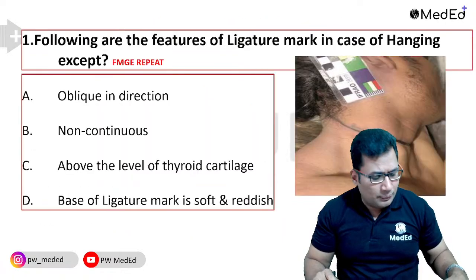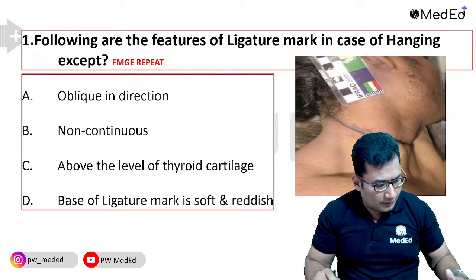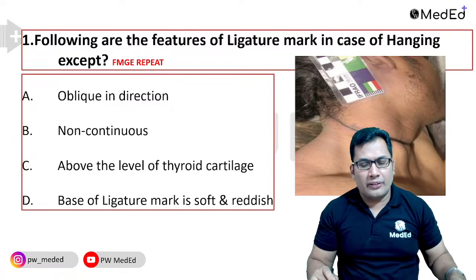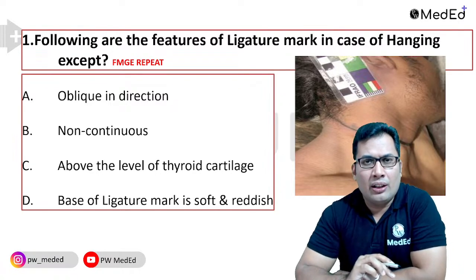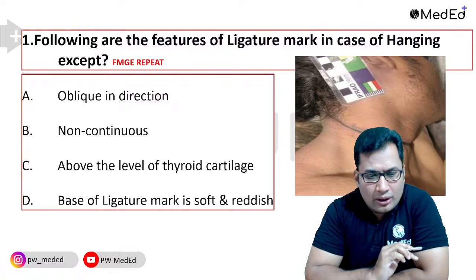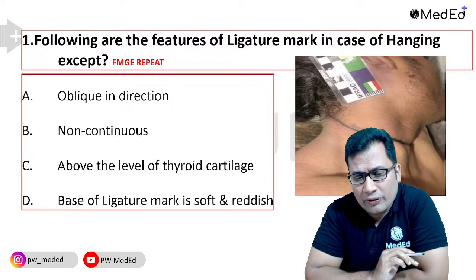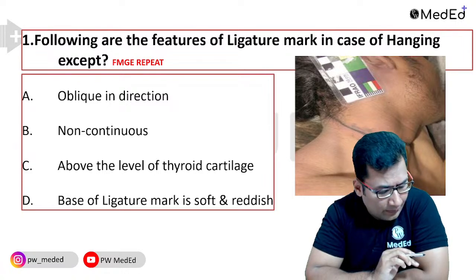Let me start with question number 1. Yes, this is a question asked in one of the FMGE exams. The question is, following are the features of ligature mark in case of hanging except.